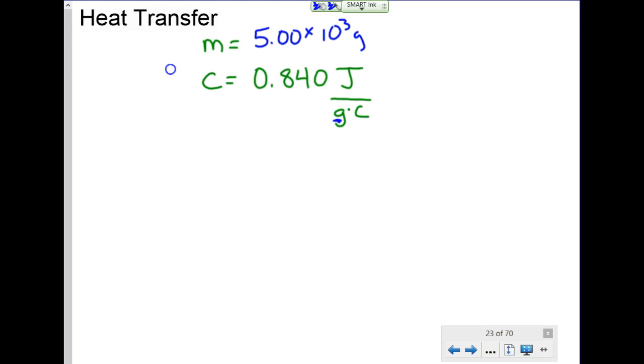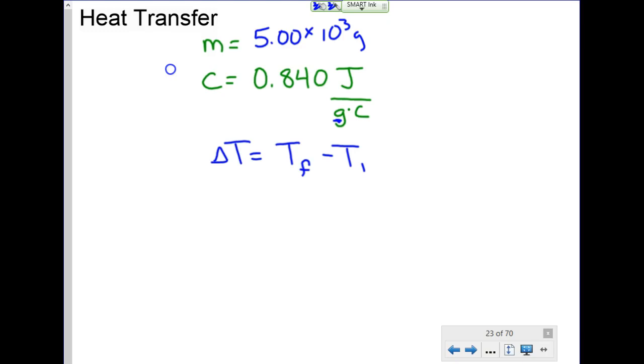The next piece of information is temperature change. Temperature change is always final temperature minus initial temperature. This is really important because substances heat up and cool down. Because of this, they're going to give us a negative Q or a positive Q. Is the concrete heating up by 10 degrees Celsius, or is it cooling down by 10 degrees Celsius?